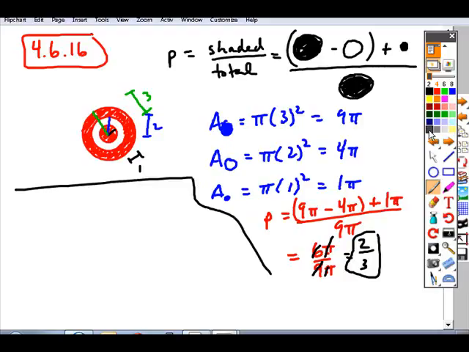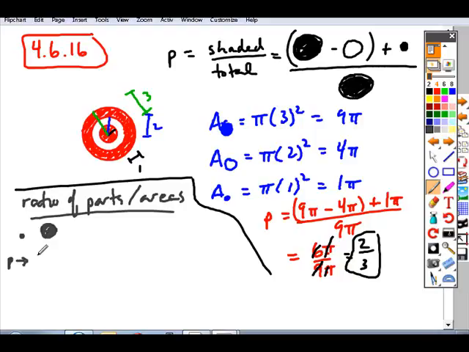And there's a second way to approach this problem, again, if you can see ratio of parts and areas, then you might be able to solve this a little bit quicker. Because if we take the small circle compared to the large circle, what is the ratio of their parts? 1 to 3.